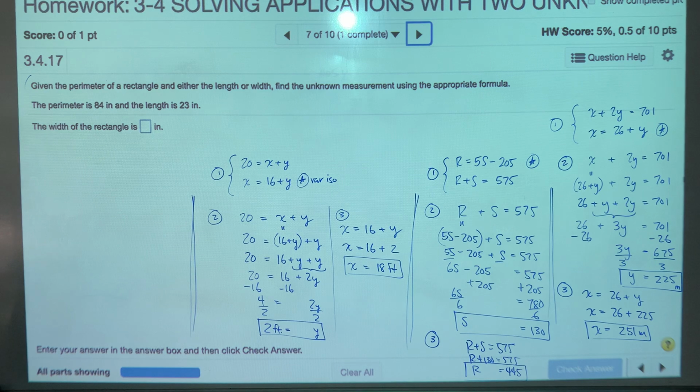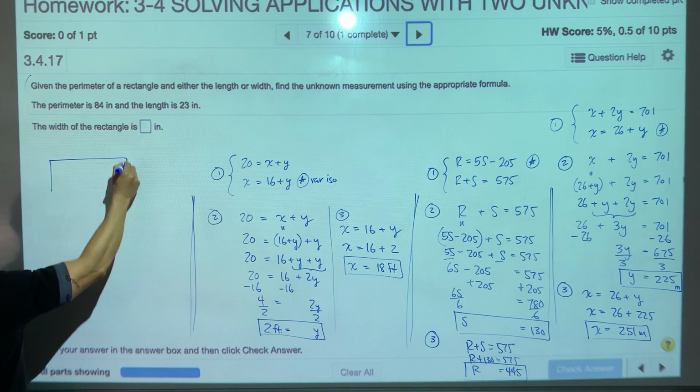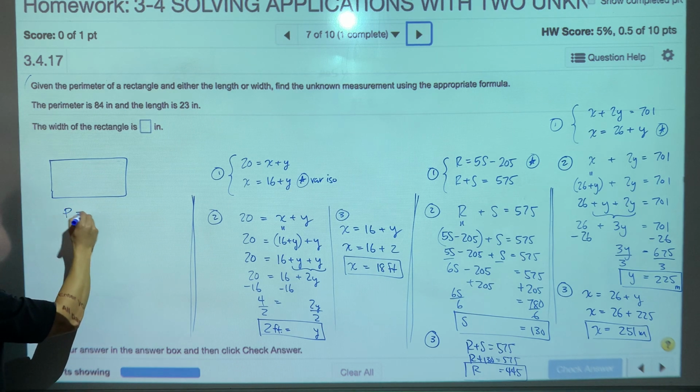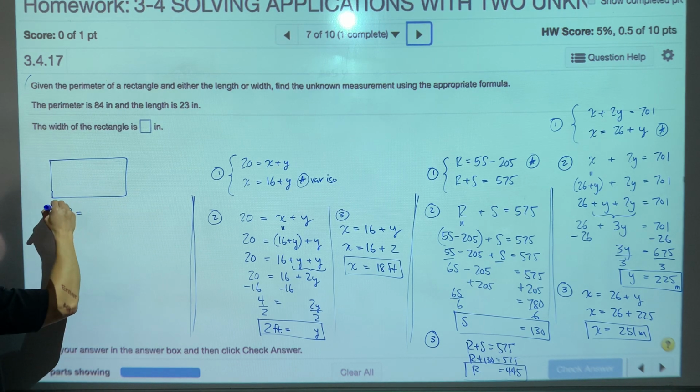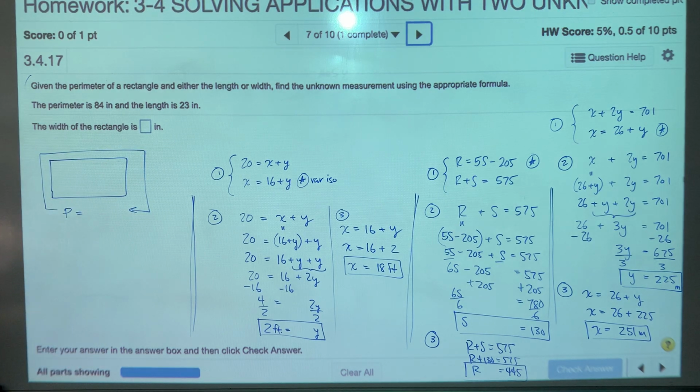Given the perimeter of a rectangle and either the length or the width, find the unknown measurement using the appropriate formula. The perimeter is 84 inches and the length is 23 inches. Like I said, the setup is the tough part here. Let's first understand what's going on. You've got a rectangle. Everybody agree? They're talking about perimeter. If you understand what perimeter is, the distance around the object, right?